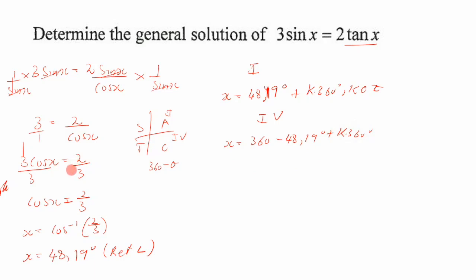It will give us x is equal to 311.81 degrees plus k times 360 degrees, where k is an element of the integers. So you have your general solutions for the first quadrant and the fourth quadrant.